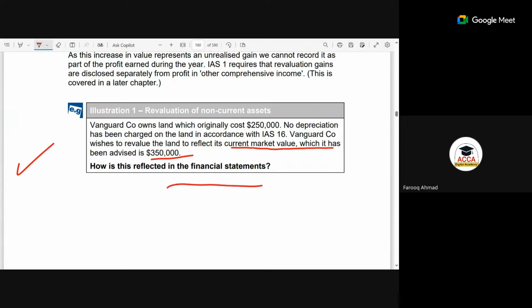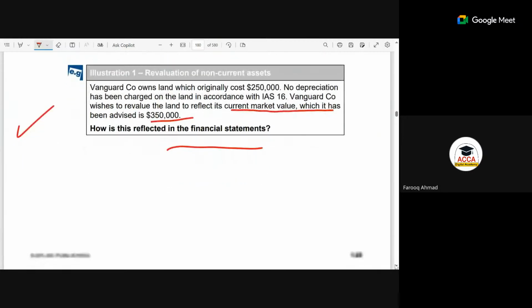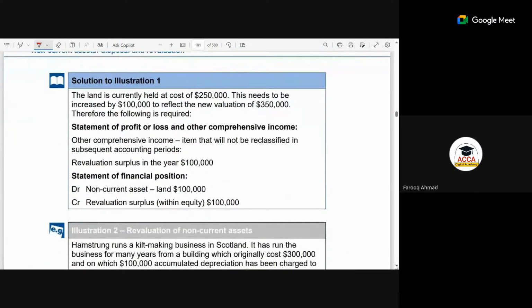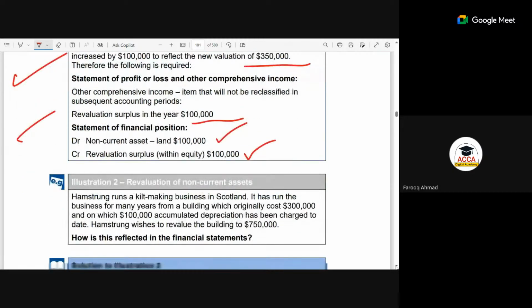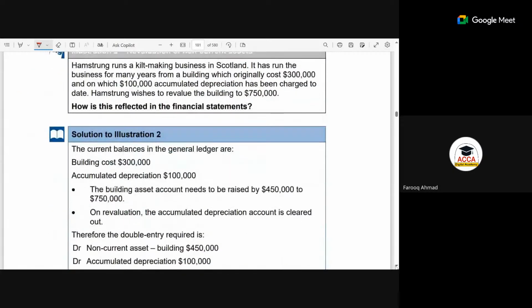What will be the financial statement treatment? Simply, the 100,000 difference is the appreciation. The land is currently valued at 250,000 and the new valuation is 350,000. The treatment: debit non-current assets 100,000 and credit revaluation surplus account 100,000. This entry will take place. This is an easy one. You have to remember this treatment.